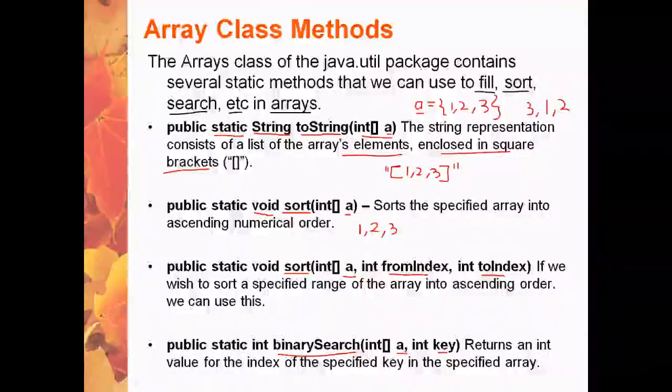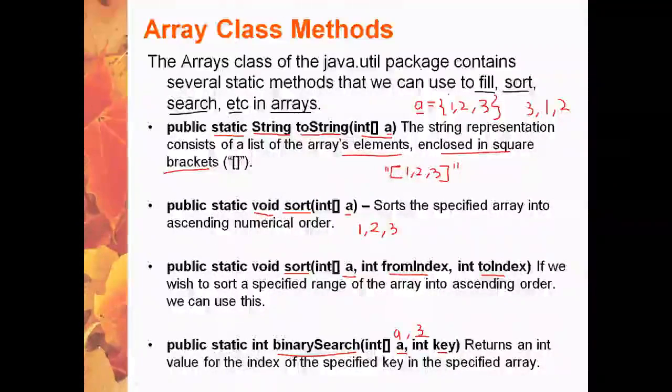If the value exists, it will return the index of that particular value. Say we are passing array A, suppose it has 1, 2, 3. So we are passing that A to binary search, and if I pass the second argument as 3, it means I am searching for element 3 in array A. So this binary search method will return the index position of 3 in array A. What is the index position? 3 is located at index position 2.